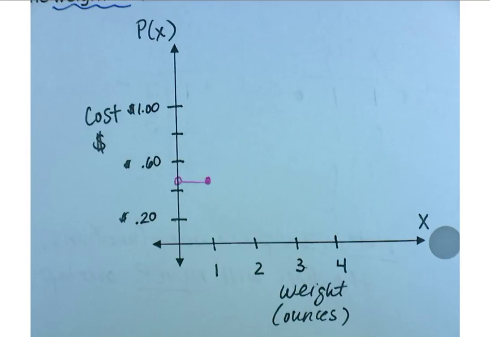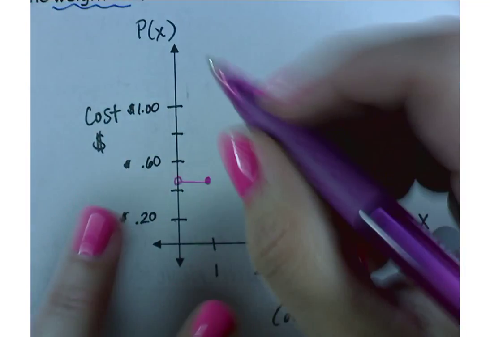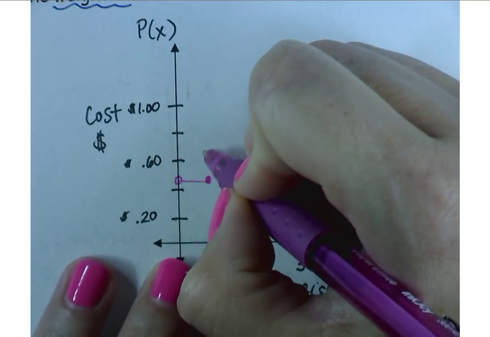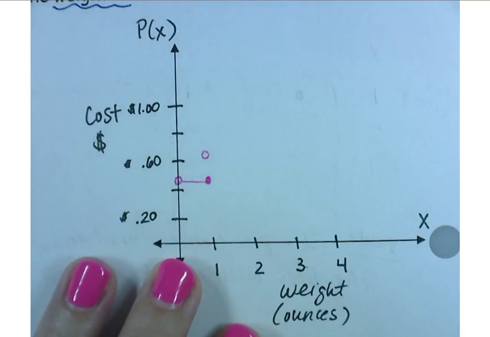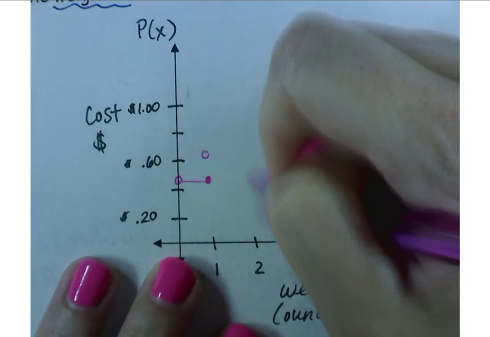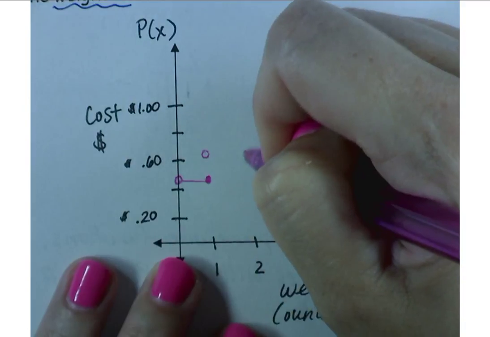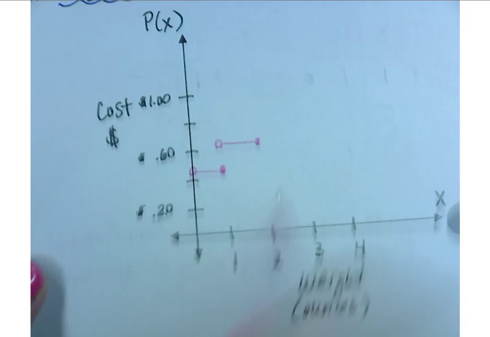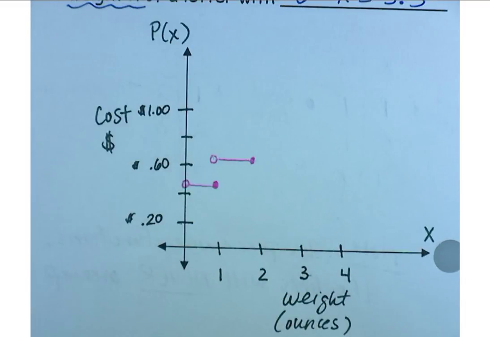Okay, let's do the next interval. The next interval starts at 1, and it would be 61 cents. So it's going to be really close here. And then it would go to 2. And then I'm going to do the next one.